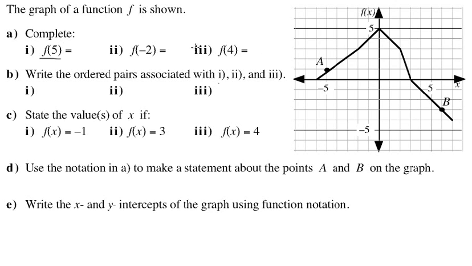What you can do instead, if you have a sketch of the function f, is you can say, okay, when x is 5, 1, 2, 3, 4, 5, where is my function? It's down here, and its value is -2. This is just saying when x is 5, what's y?